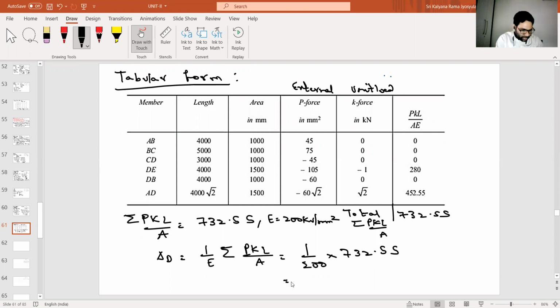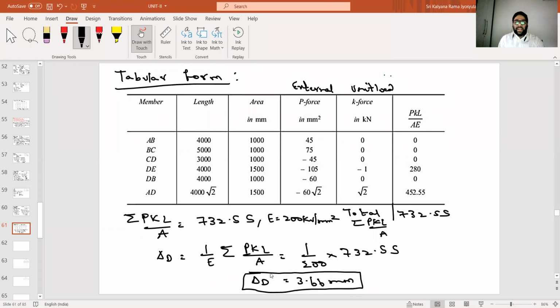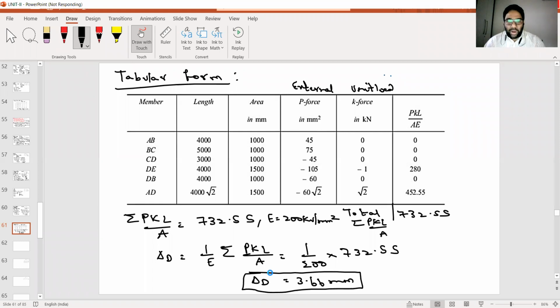If we calculate, you will get 3.66. So delta D is equal to 3.66 mm. This is the way we calculate the deflection at joint D by the concept called unit load method.